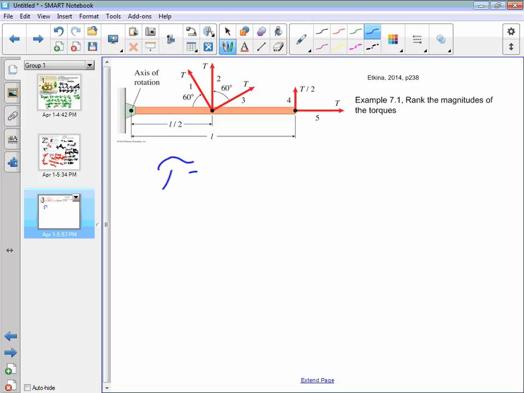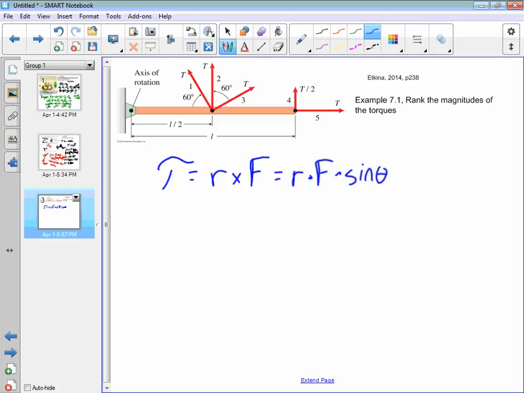Torque is equal to R cross F, or your textbook might use L cross F, same basic idea. And what does that cross mean? It means R times F, that's the lever arm times the force, times the sine of the angle from the lever arm to the force.